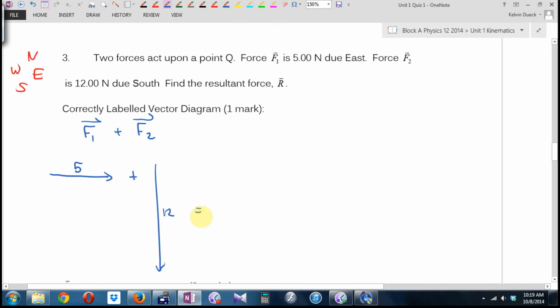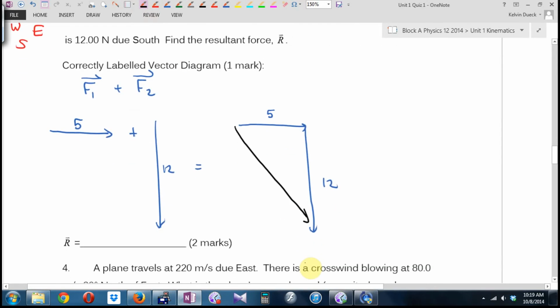I got a hankering to add these 2 vectors together. Any thoughts on how I might want to draw them? Tip to tail, you don't say. Cool. So I can go 5, 12. I think when you do the Pythagoras, this works out evenly. I think 13. Bang on, right?